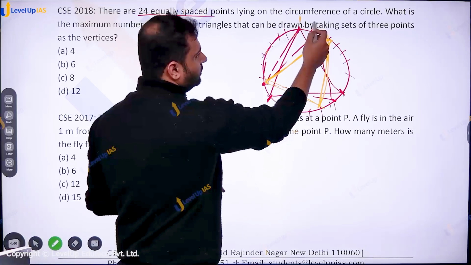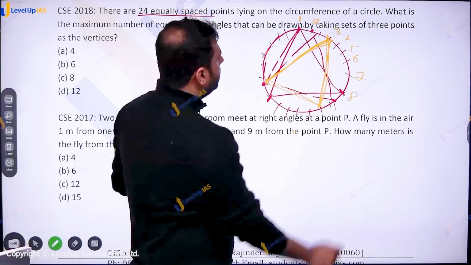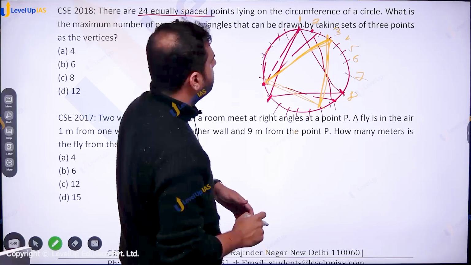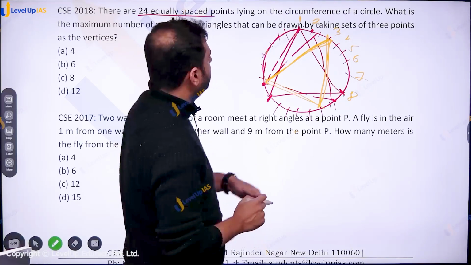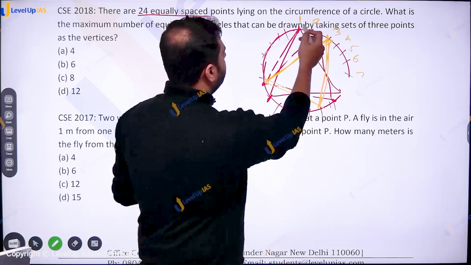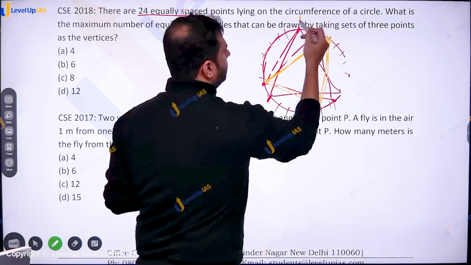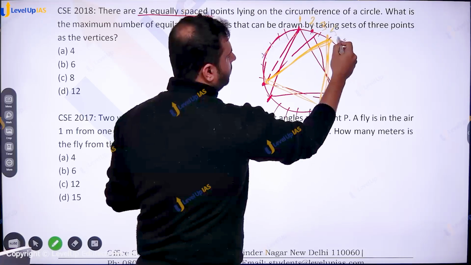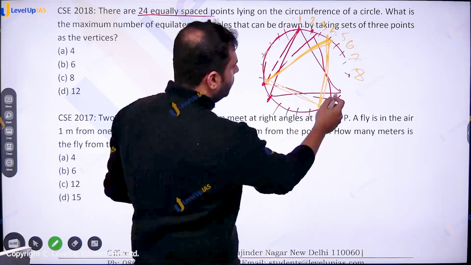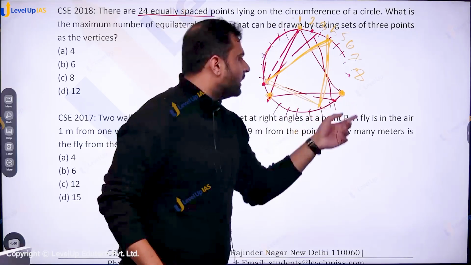So this is 1, this vertex is here, this is 3, 4, 5, 6, 7 and 8. एट पे रिपीट हो जाएगा ना, ओरिजिनल गिना हमने, ये नहीं गिना ना, हाँ, so this is 2, 3, 4, 5, 6, 7 and 8, and when you repeat again, this point number 1 will come onto this original vertex of the equilateral triangle, which is already counted.